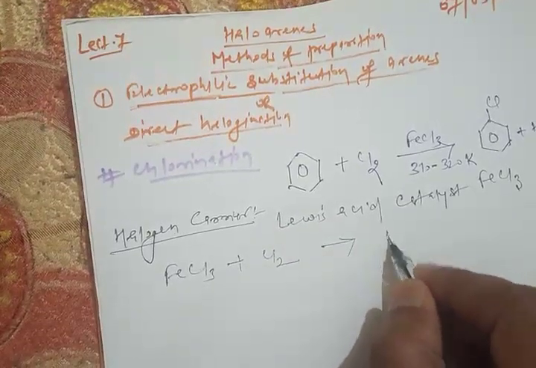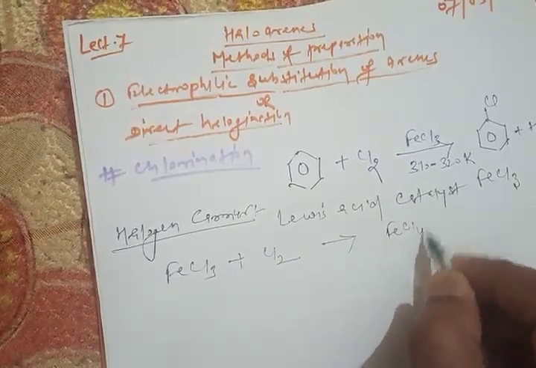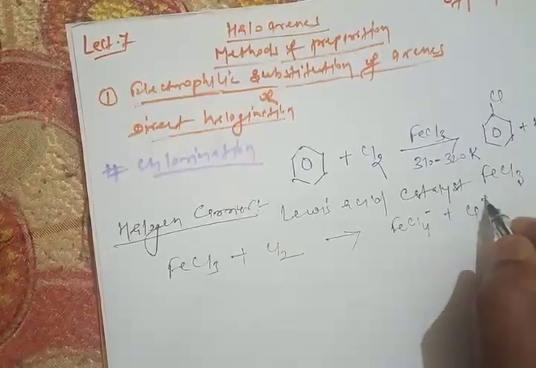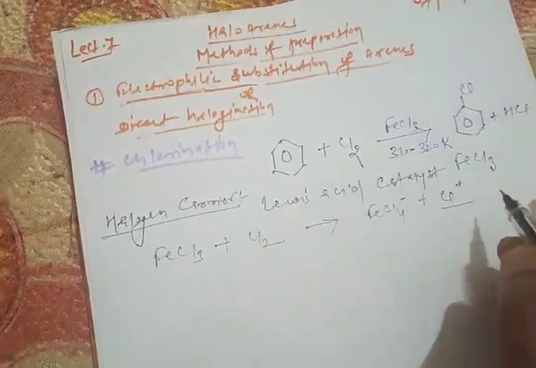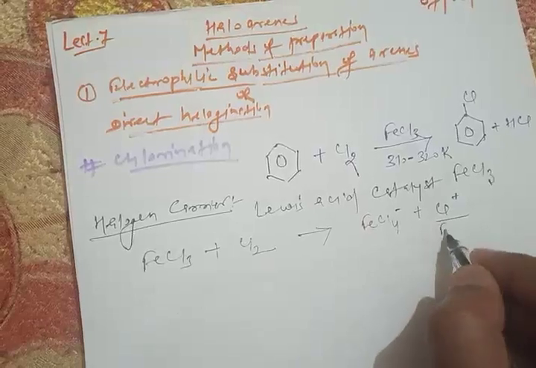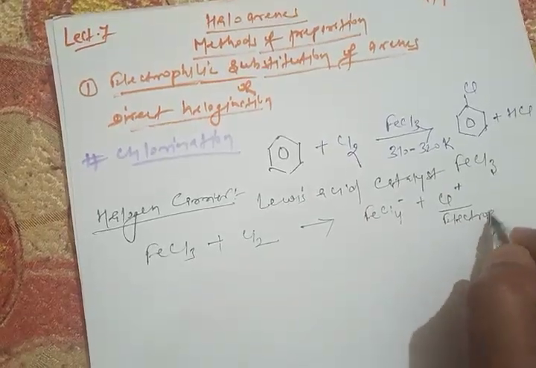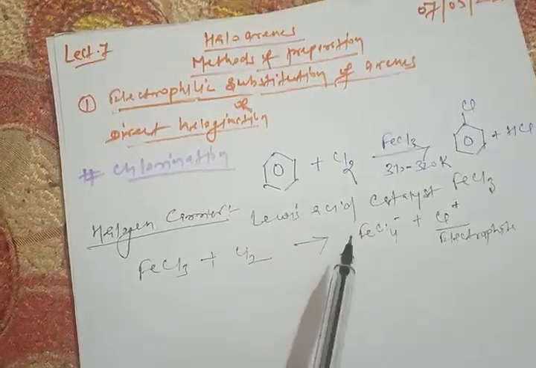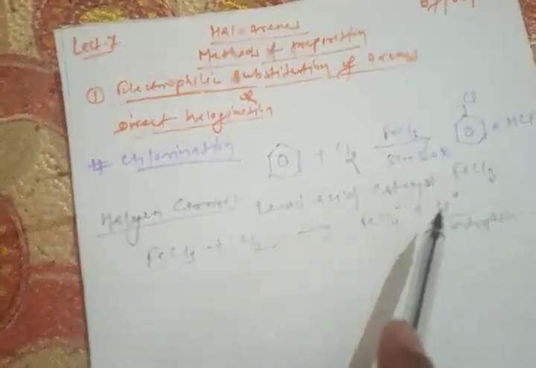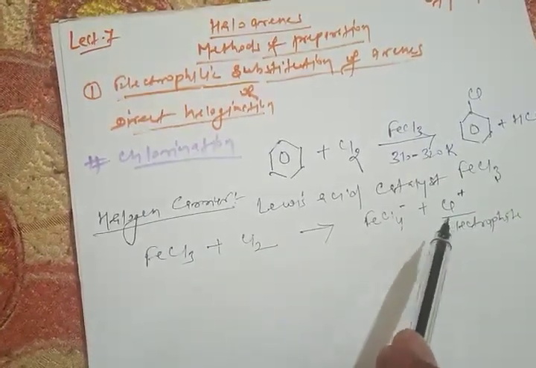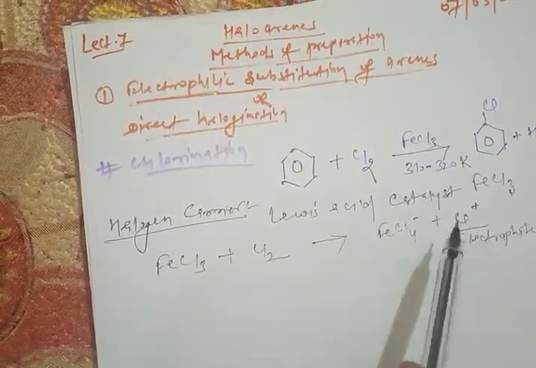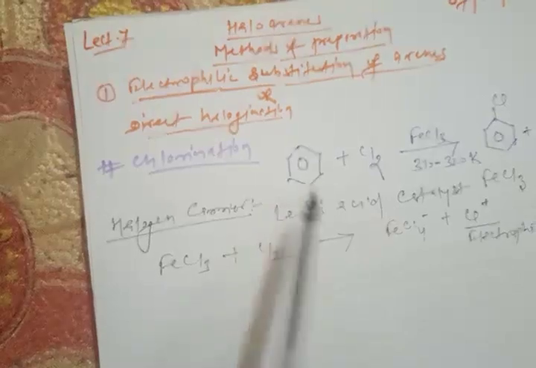So we get FeCl4 negative plus Cl positive, and this is your electrophile. That is why it is called a halogen carrier, and the role of this catalyst is to produce the electrophile. Now this electrophile is capable of attacking this benzene ring.